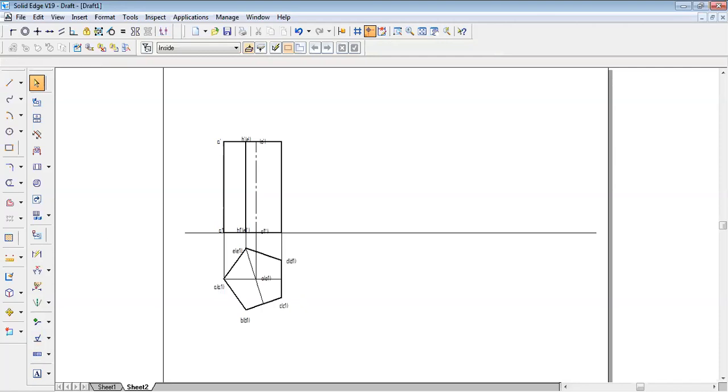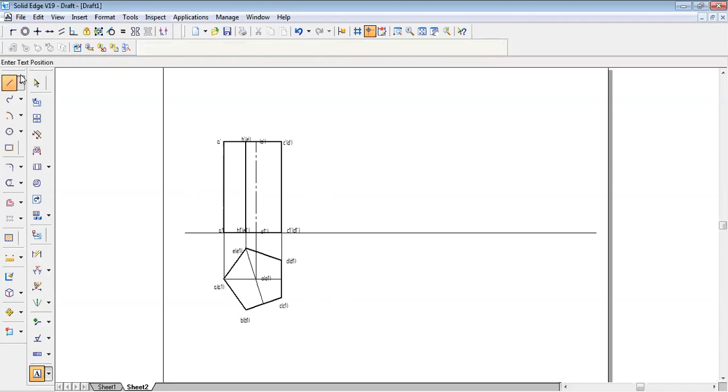So you draw here C dash inside the bracket C1, inside the bracket D dash, and here C1 dash inside the bracket D1 dash.